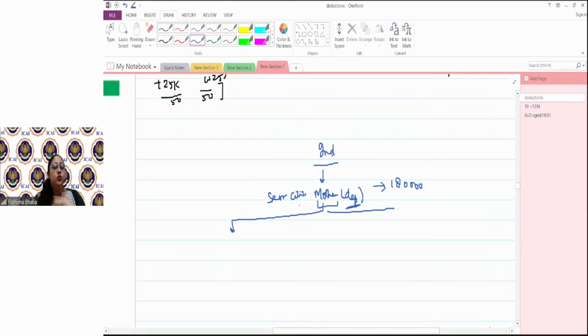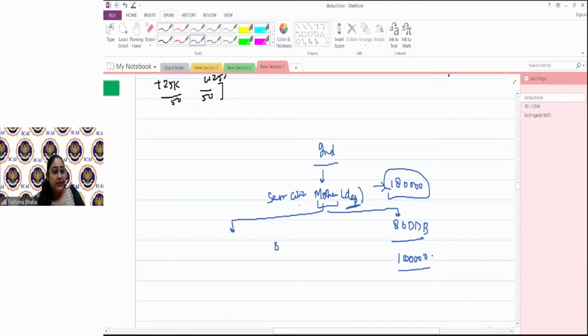There are two possibilities. First of all, the same expenditure cannot be claimed in both the sections. But if the amount of expenditure is so high, then I can claim it in both the sections. I'll give an example. 180 has been the kharcha. First of all, I will directly claim it under 80DDB of 1 lakh.